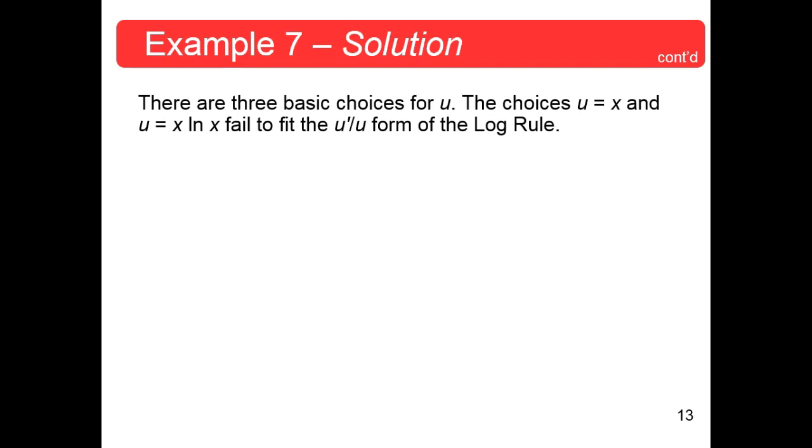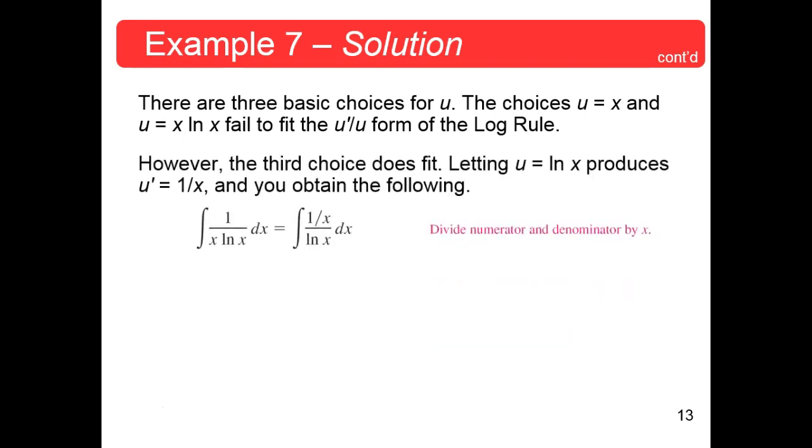They both fail to fit the form u prime over u. So use the form u equal log x. Letting u equal log x introduces u prime, the derivative of u, du, to be 1 over x dx. If you're going to do substitution, go on and do it correctly. Okay? And 1 over x dx is your du, and this is your u.